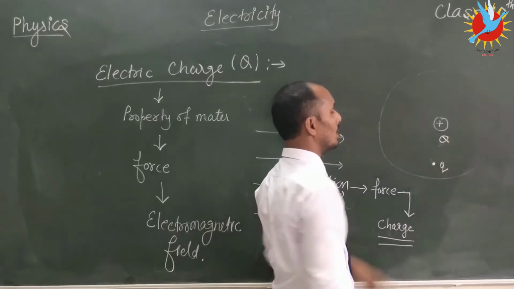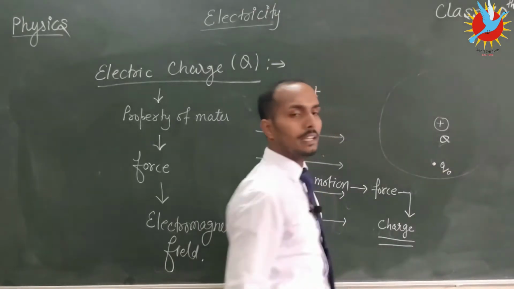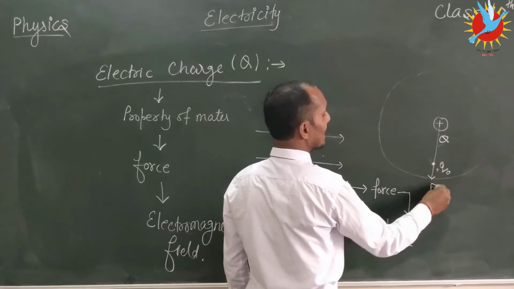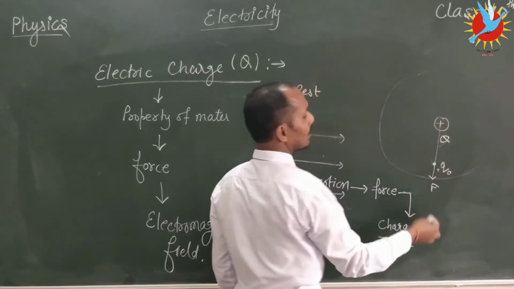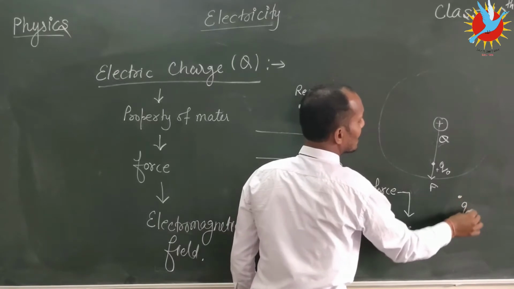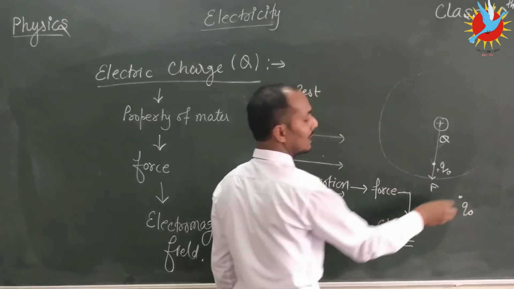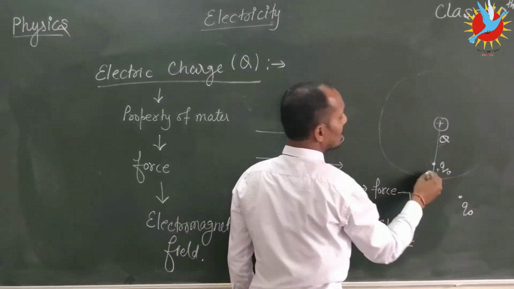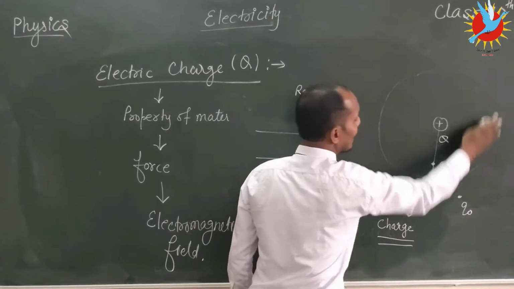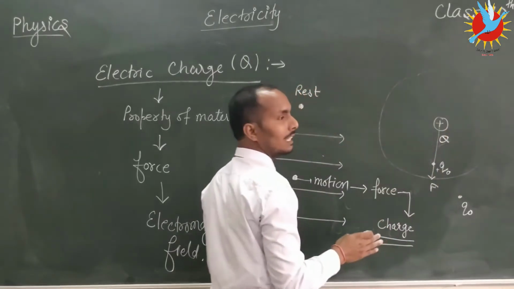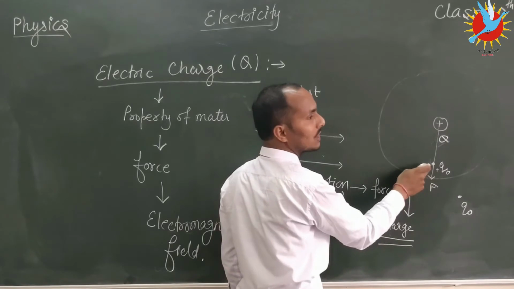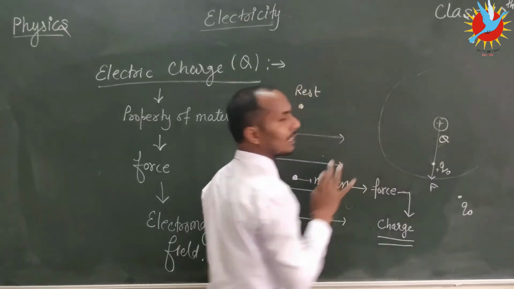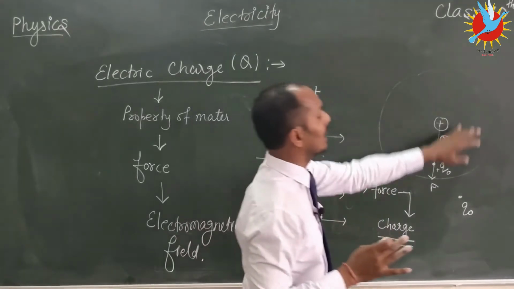Suppose the charge is capital Q and it's a source charge. If it is positive, then it repels, which means a force is acting. The space around the charge up to which this charge is able to exert force on other charged particles is known as the electric field.